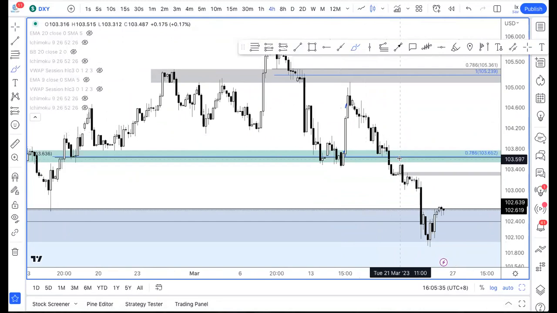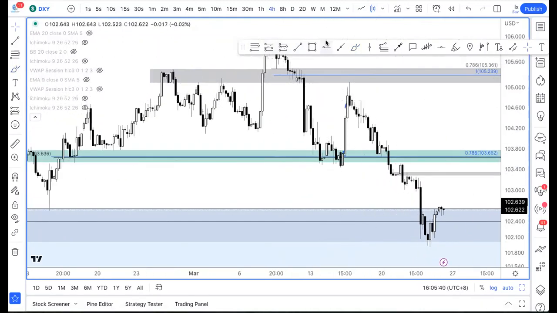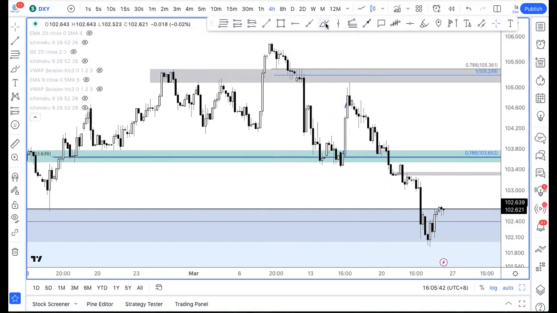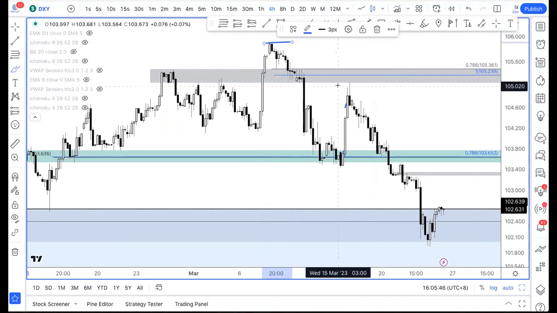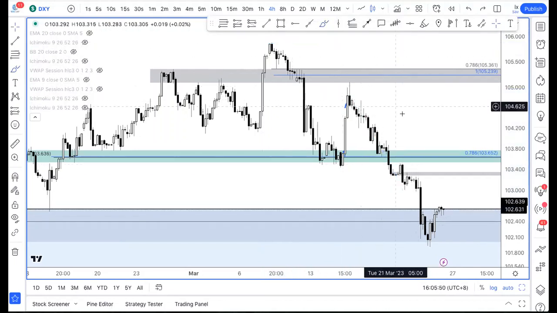So there's still a resistance area that we have. Essentially, price came into this region and formed a new high, and following which it broke below. So this is currently what we have here.